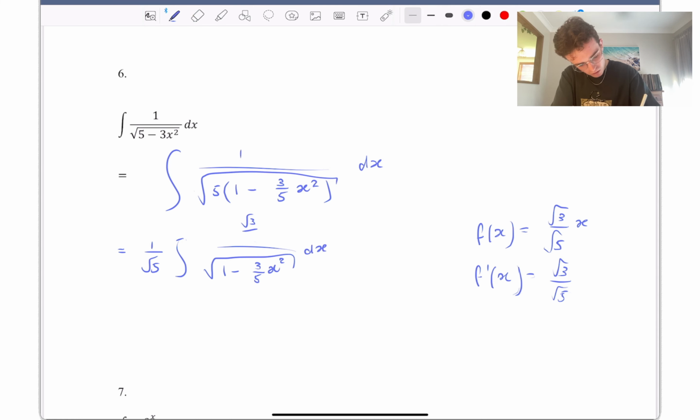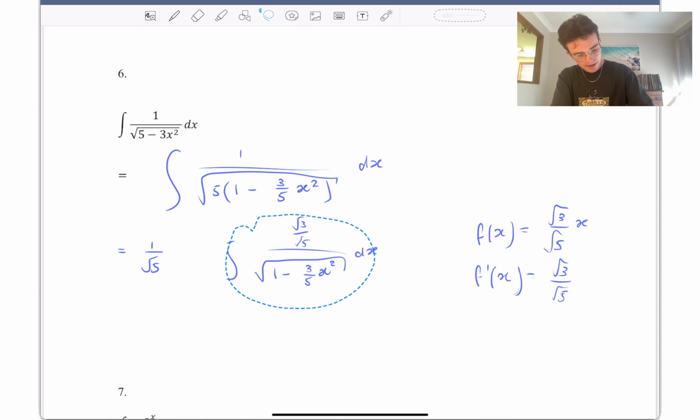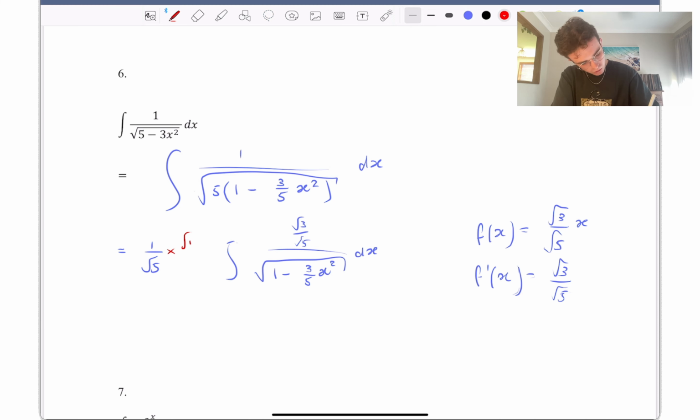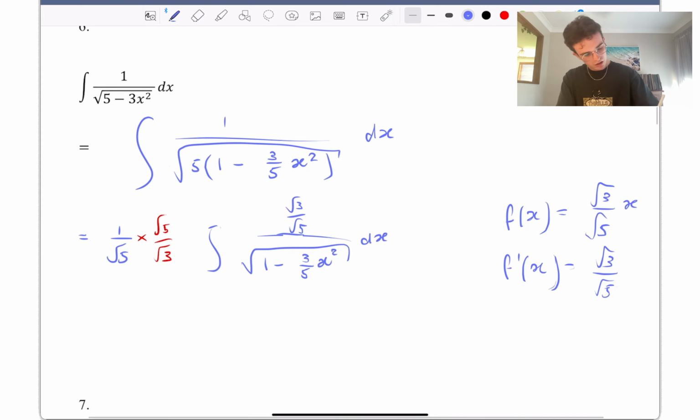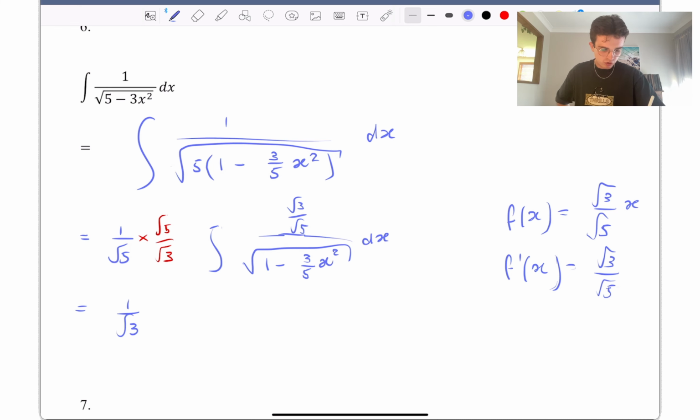So I have to multiply my whole integral by root 5 on root 3, the reciprocal. So 1 on root 3, those root 5s will cancel. 1 on root 3, the integral, this is a sine form, so sine inverse of f of x, which is root 3 on 5 x, plus c. And that would be our answer there.